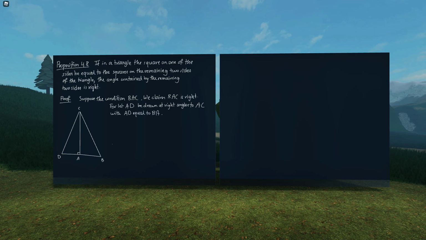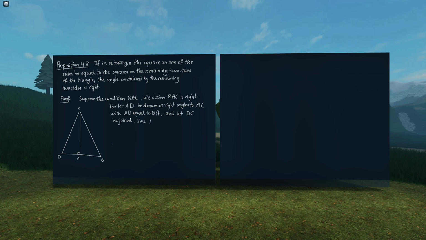So we can draw that. It's not cited in the book. I don't remember the exact proposition, but we can draw a line of a given length at a given angle. And let DC be joined.